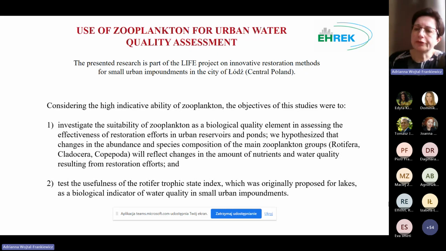The main objective was to evaluate the usefulness of zooplankton as a biological quality element when assessing the effectiveness of restoration efforts in 3 urban reservoirs. We assumed that the changes in the abundance and species composition of the main zooplankton groups will reflect changes in the amount of nutrients and water quality resulting from restoration efforts.